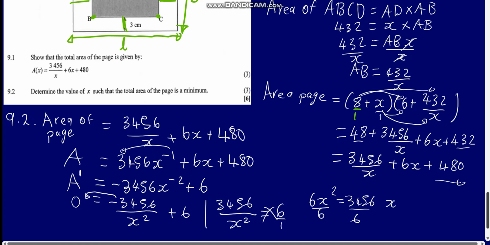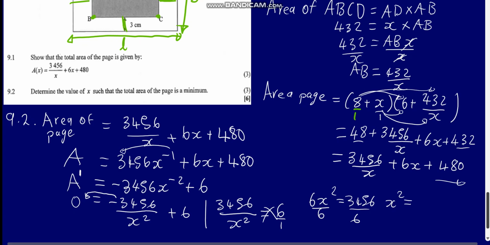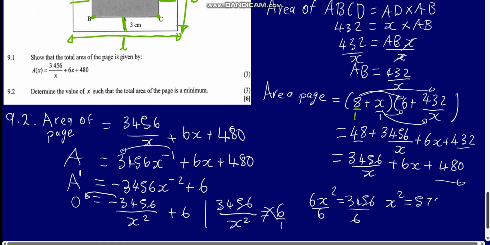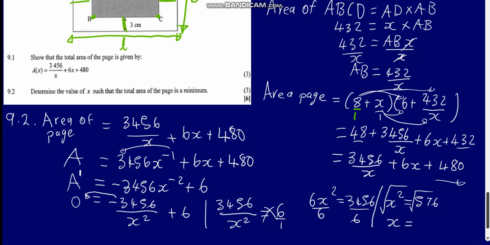And then we'd get x squared is equal to 576. Then we introduce the square root both sides. And the x value such that the area of the page is at minimum would be the square root of the answer, and it's 24.